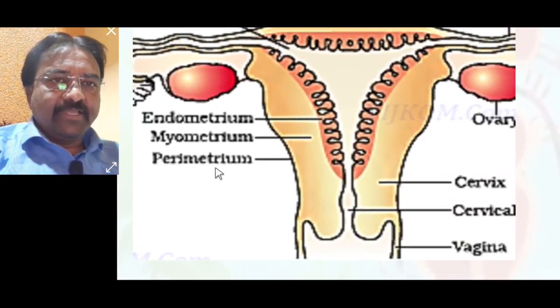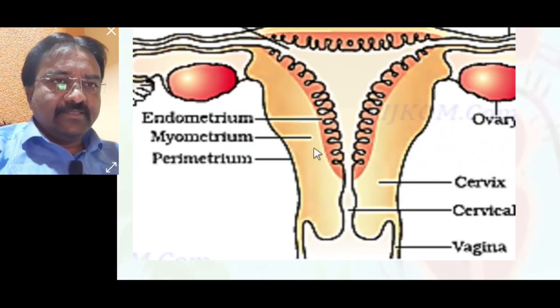This one is the perimetrium, the border part of the uterus. This is the myometrium, a very thick layer present between the perimetrium and endometrium.